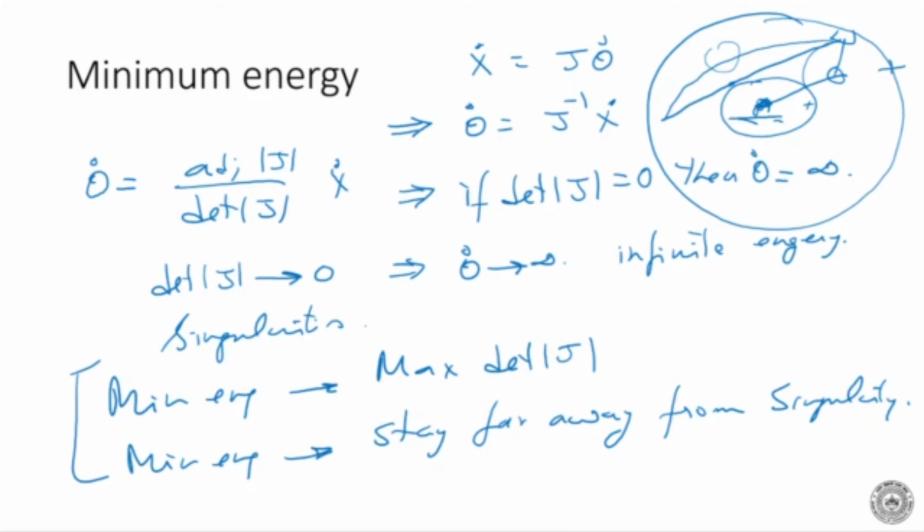We also saw for a two-link manipulator that minimum energy corresponds to theta 2 equal to 90 degrees and 270 degrees. So when you're planning the motion, we can make use of this minimum energy to find a path for which the energy consumption is going to be minimum. Now let's proceed with this background, what we had done in the last class.